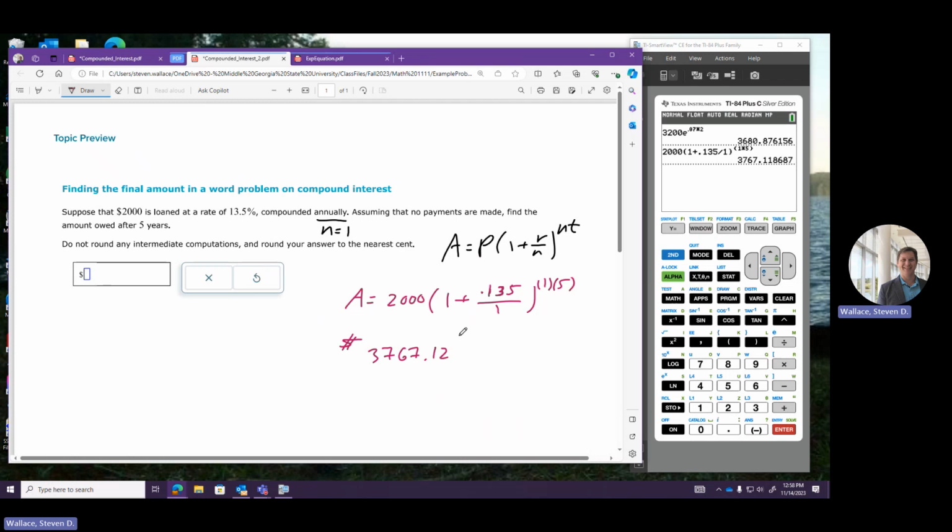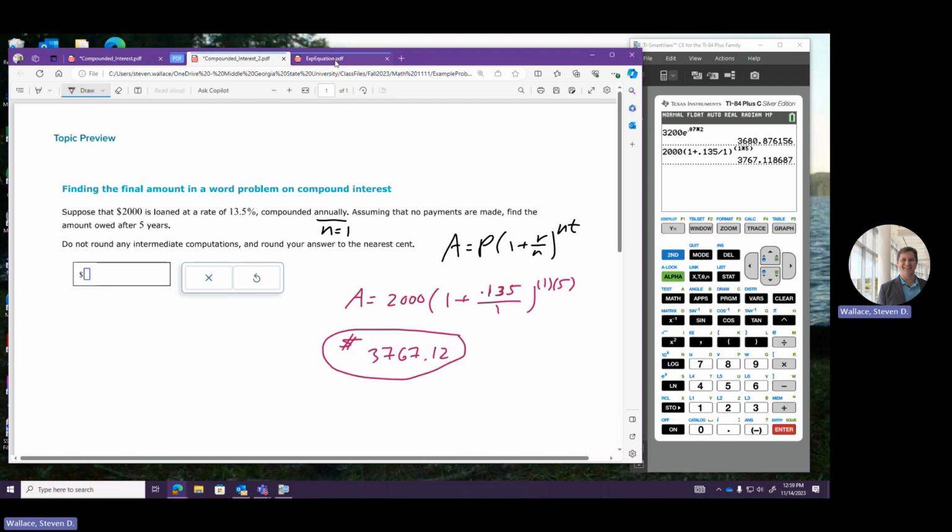Be warned though that if you get an answer like, I don't know, 3 million for a loan that you put in $2,000 for 5 years, that's got to be the wrong answer. So you made some mistake when you plugged into your calculator.